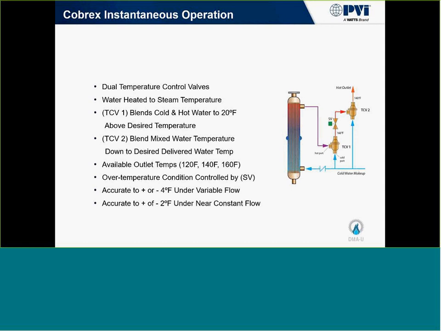Since these things are constantly blending, we have extremely accurate outlet temperature control, which should not vary by more than plus or minus 2 degrees as long as we have constant flow going through it, which in most commercial applications you're going to have with a building recirc pump. Even if we don't have that, it would be plus or minus 4 degrees, which is extremely accurate compared to other steam water heaters that utilize a steam control valve, where the temperature fluctuation, especially in low flow conditions, can be extremely erratic.